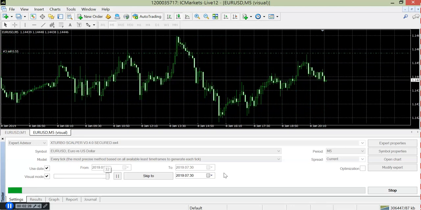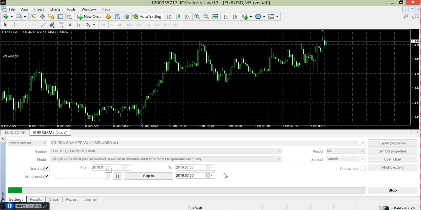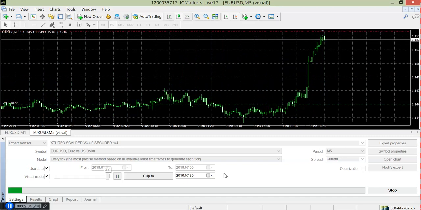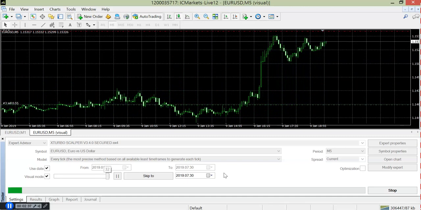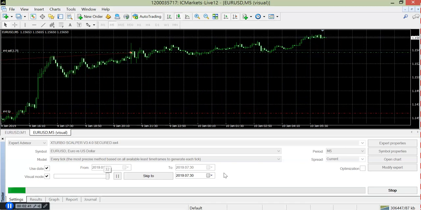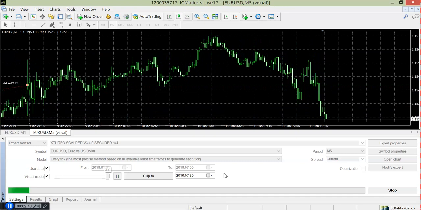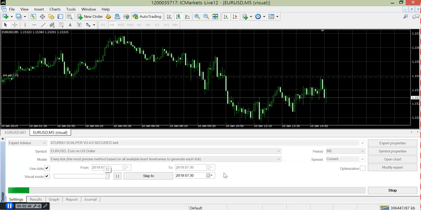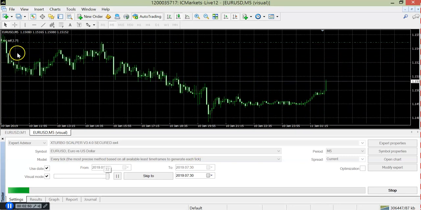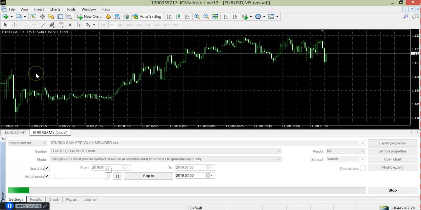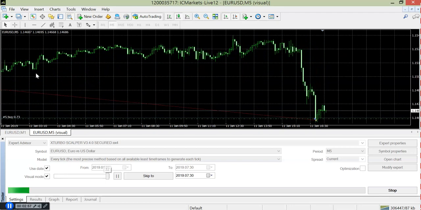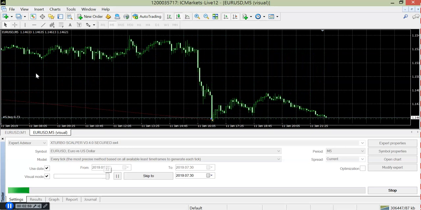We need quality trades because here we are using hedging, advanced hedge system, and we use advanced special money management with compounding systems. So every trade, when we win, the next lot size is higher and higher. So as we go on, we are going to make more and more.